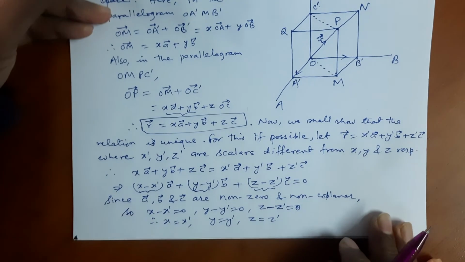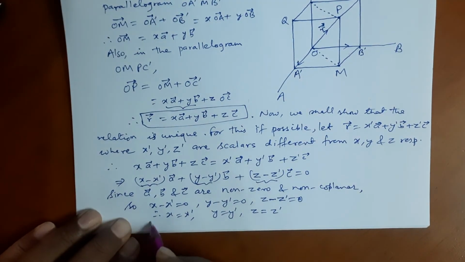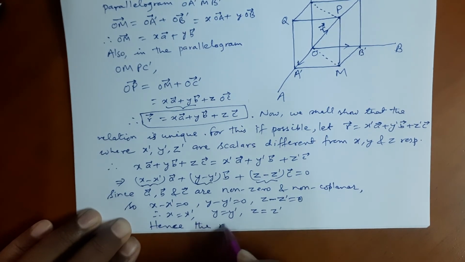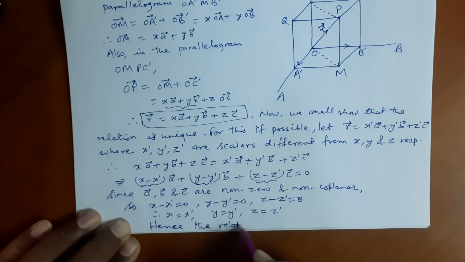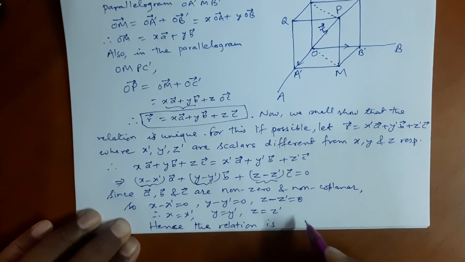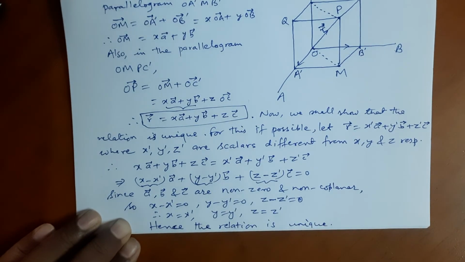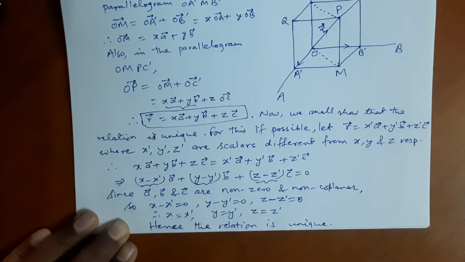Hence the relation is unique. Okay, so the relation is only one, it is unique, because we supposed different scalars x dash, y dash, and z dash, but they became equal to the previous scalars x, y, and z respectively.